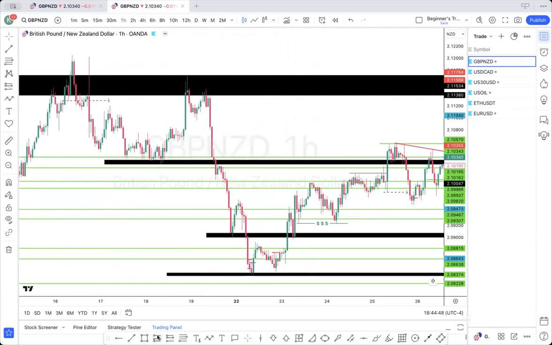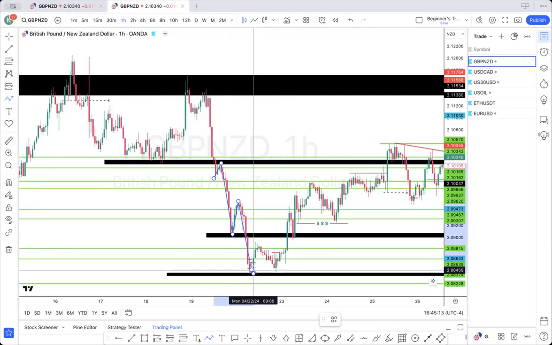Right here, it created a little structure, right? So price would have to break this high at this point. But price pushed up and then started pushing back down. And here is your structure at this point, right?